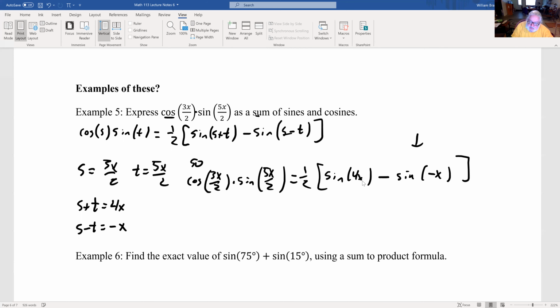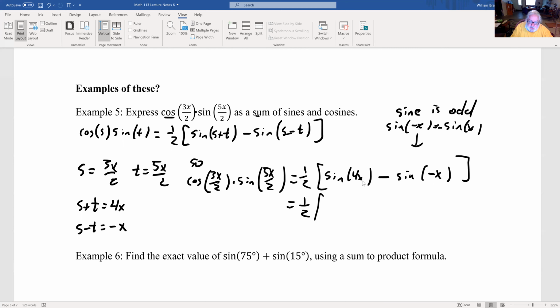But remember that sine is odd. So we can simplify this a little bit. Sine of minus x equals, sorry, minus sine of x. So sine is odd means sine of minus x equals minus sine of x.